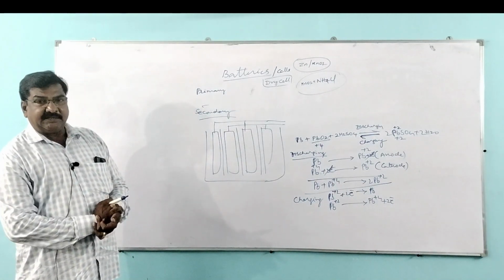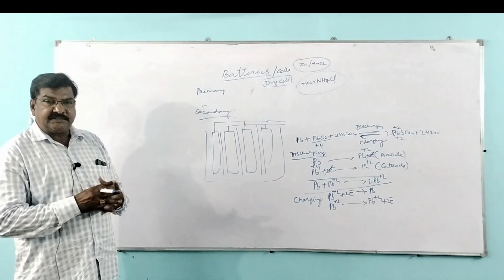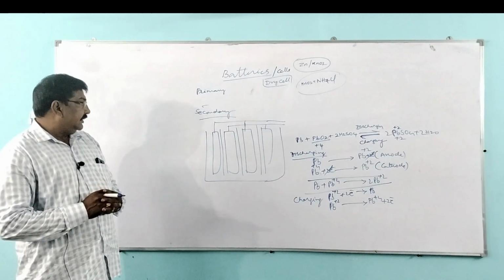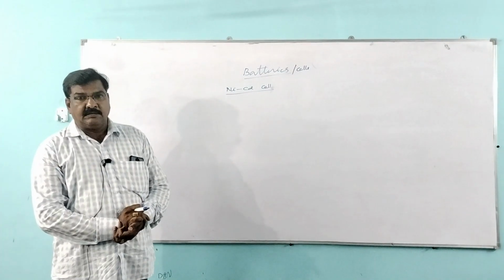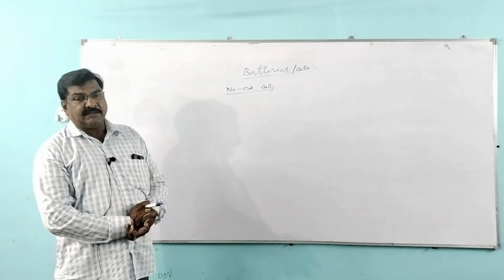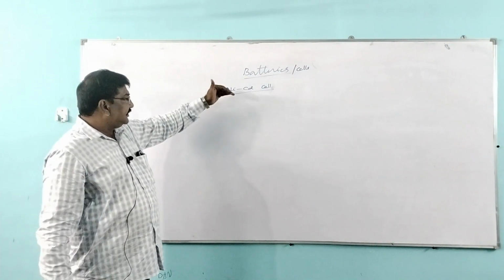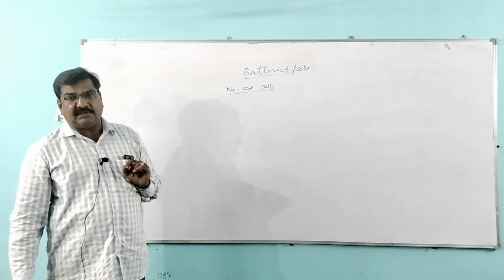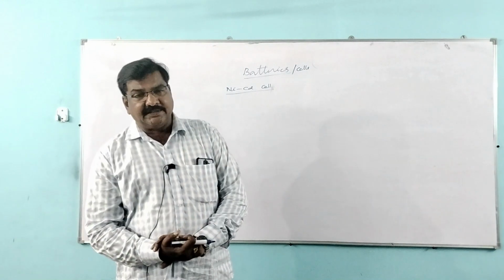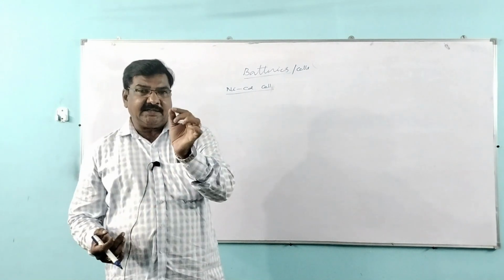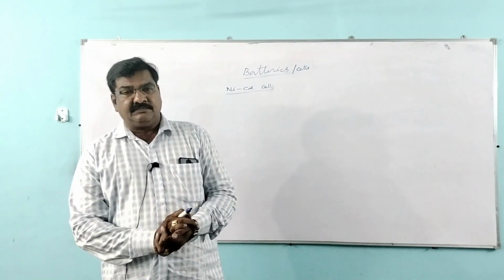Another secondary battery generally used in cell phones is the nickel cadmium cell. The nickel cadmium cell consists of very thin papers of nickel hydroxide and very thin papers of cadmium.